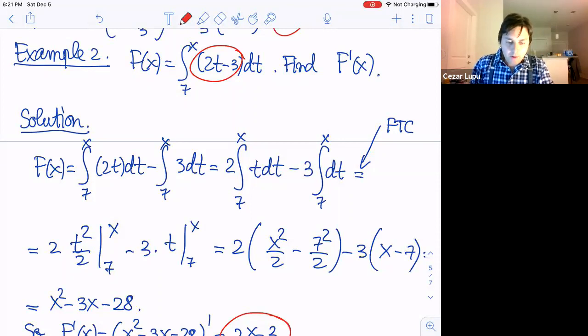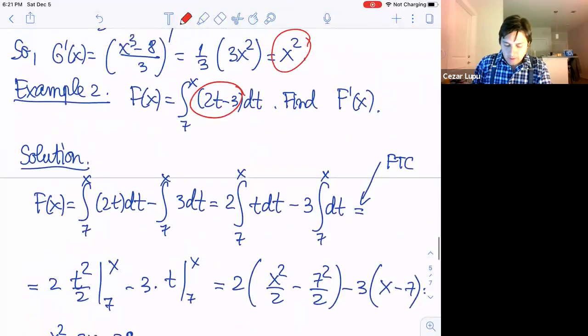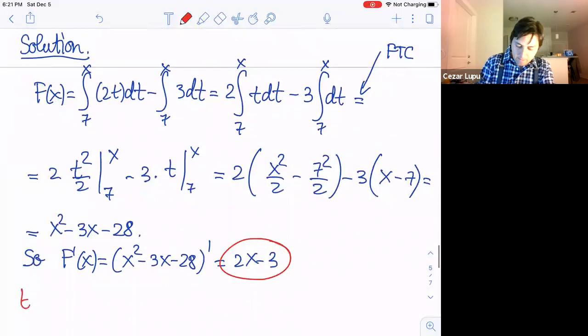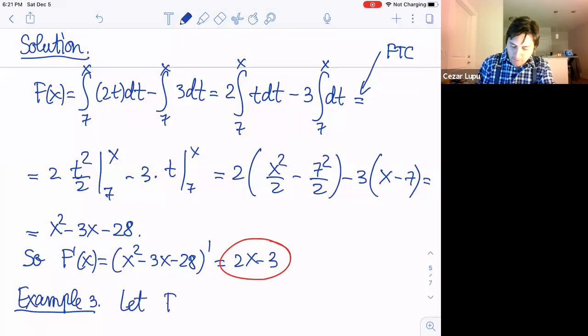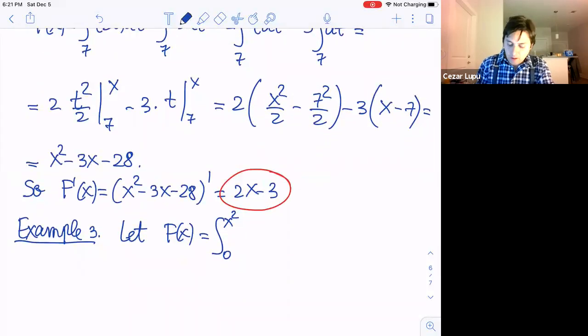Let me do another example. Again, let me consider example 3. So let's say f of x to be the integral from 0 to x squared this time of t squared dt.